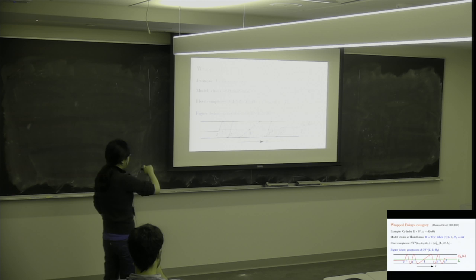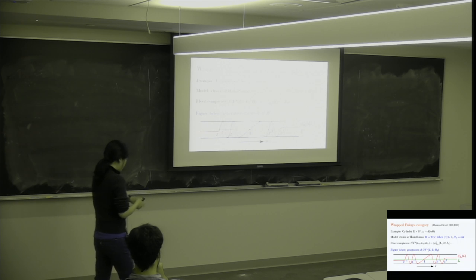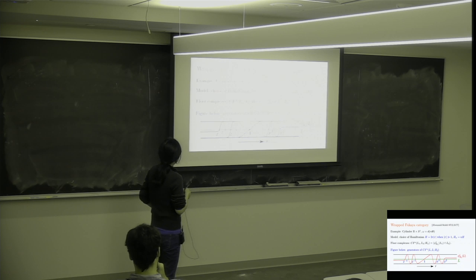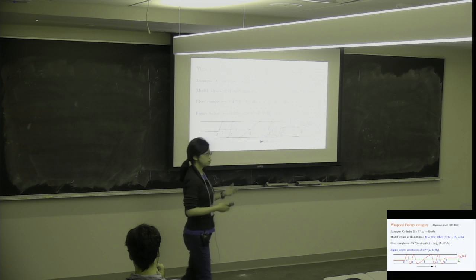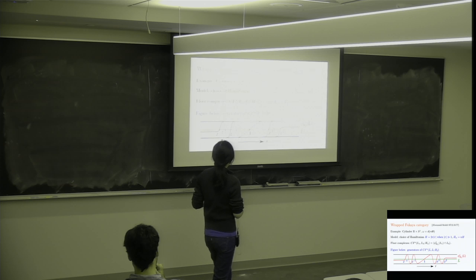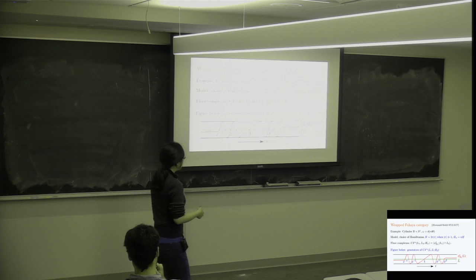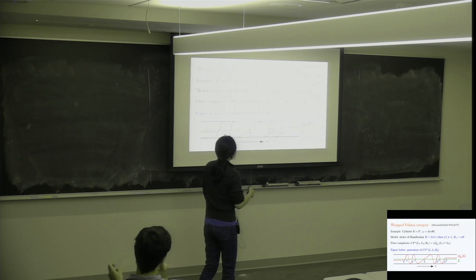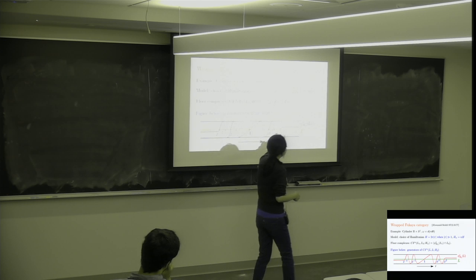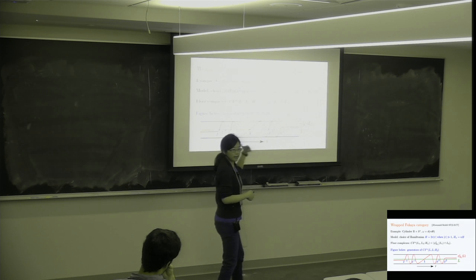So for a cylinder, R cross S1, in order to define a wrapped category, we need to make a choice of a Hamiltonian. The choice of Hamiltonian we make is one that is linear near infinity of the cylindrical end.